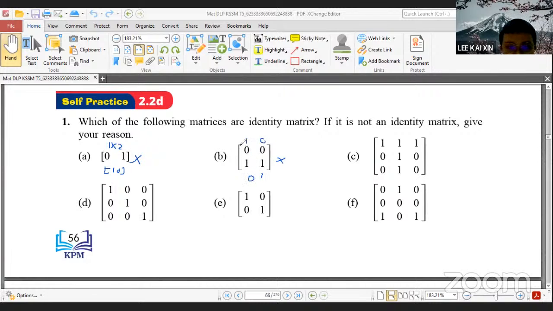The 1 is not in the sequence that goes down. This one also no. It should be 0, 0, 1 down there, and here should be 1, 0, 0. So the 1 can go down and form a diagonal like this one, yes.